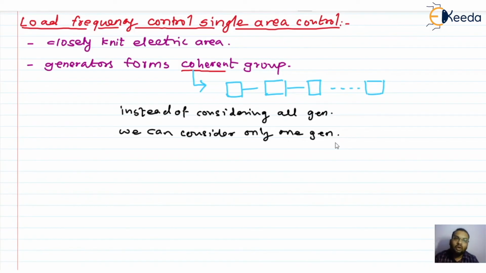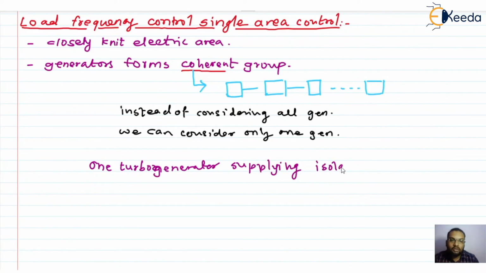Instead of taking all those generators, let us take one single generator and see how we can control the load frequency on that alternator. Controlling frequency means we have to see how we can control the speed. If we are controlling the speed, the frequency will remain the same. So we will consider one turbo generator which is going to supply an isolated load.